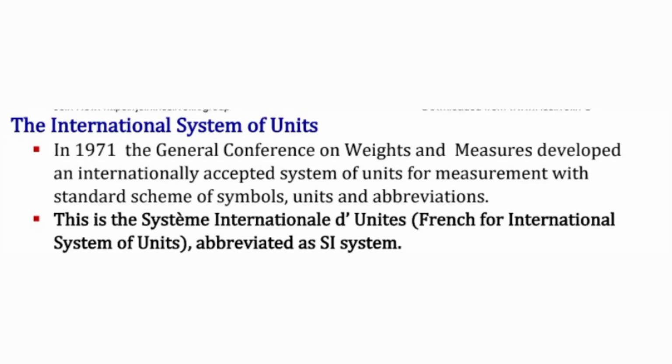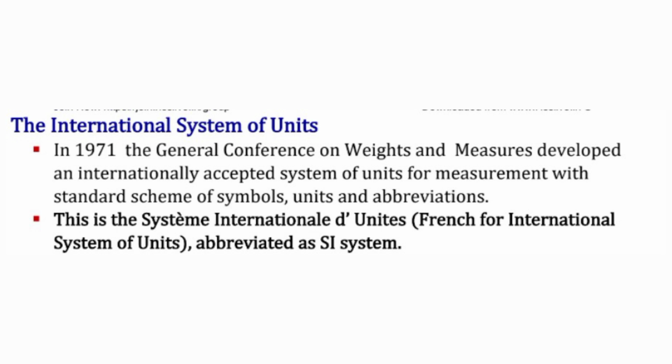Next one is the international system of units. Suppose we are using different systems of units in different countries, it will be very difficult to follow the units, right? Because whenever we are going to different countries, we will have different units. So it is not comfortable. So in 1971, the General Conference on Weights and Measures developed an internationally accepted system of units.